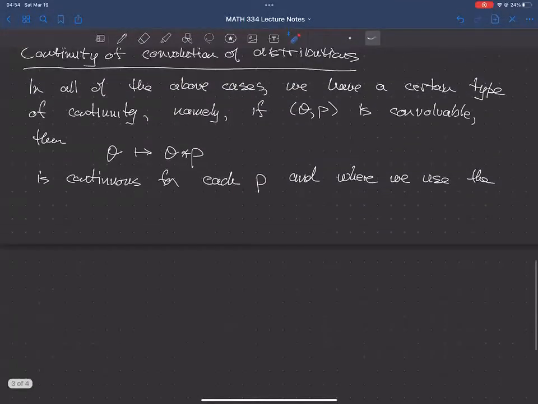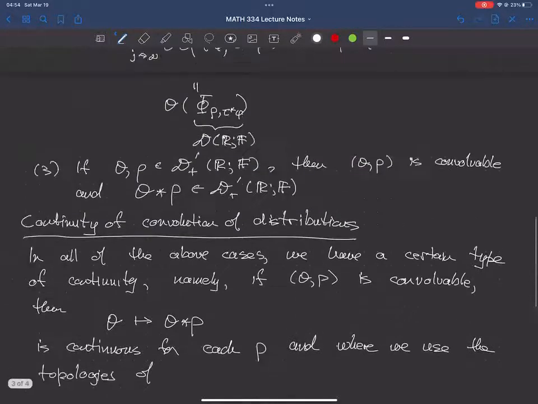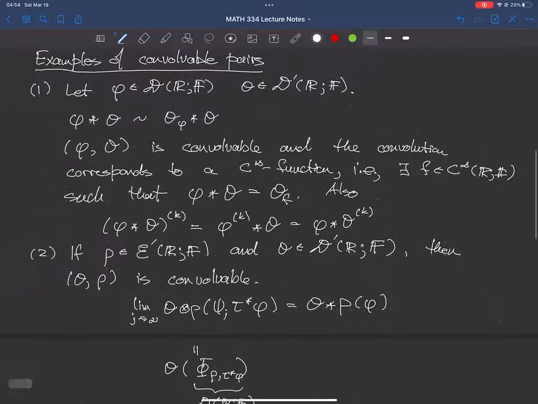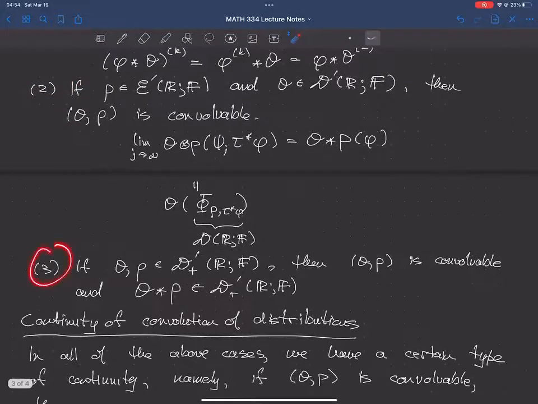Okay, so we use the topologies of... so I'm going to refer here to these three cases as 1, 2, and 3.